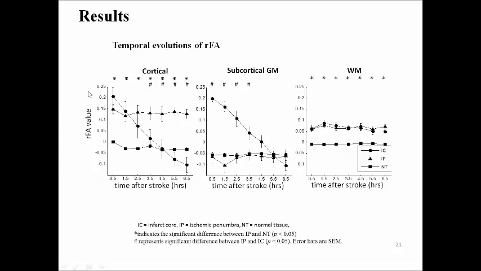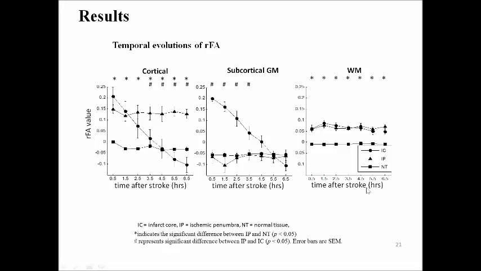Accordingly, the relatively small reduction of RQ as compared to a large reduction of RL resulted in a 20% increase of FA in the cortical and subcortical gray matter IC regions at half an hour. At 6.5 hours, the reduction of the RQ value became greater than the reduction of RL, leading to a marked decrease in FA in the same region.